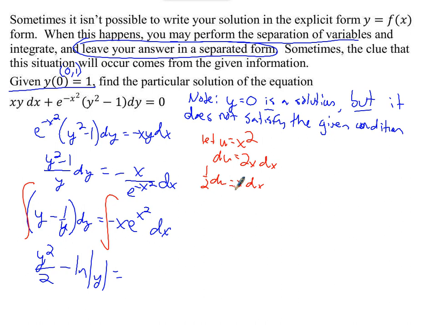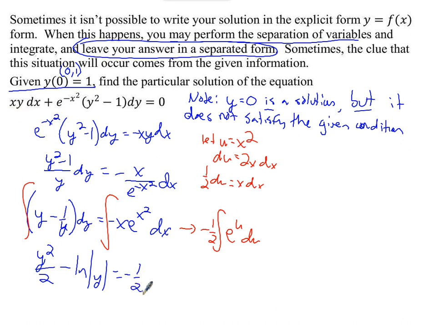That's an equal sign. I got that negative sign in there. That can be pulled out. And then I have the x dx, which turns into 1/2 du. So this is actually negative integral, 1/2 on the outside, e to the u du. Well, I have that negative 1/2.